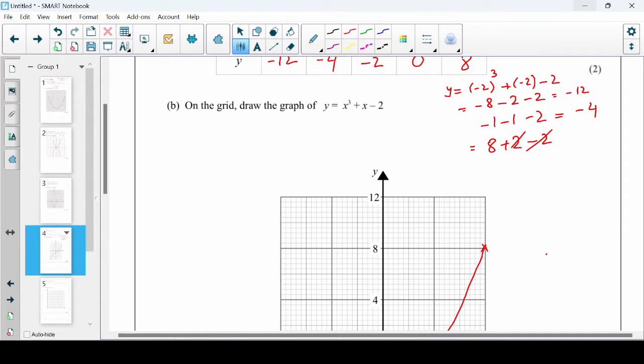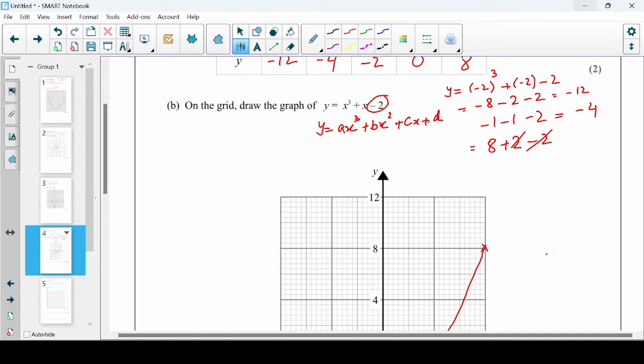So you have to look for this -2. The cubic graphs would be y is equal to ax cubed plus bx squared plus cx plus d, right?